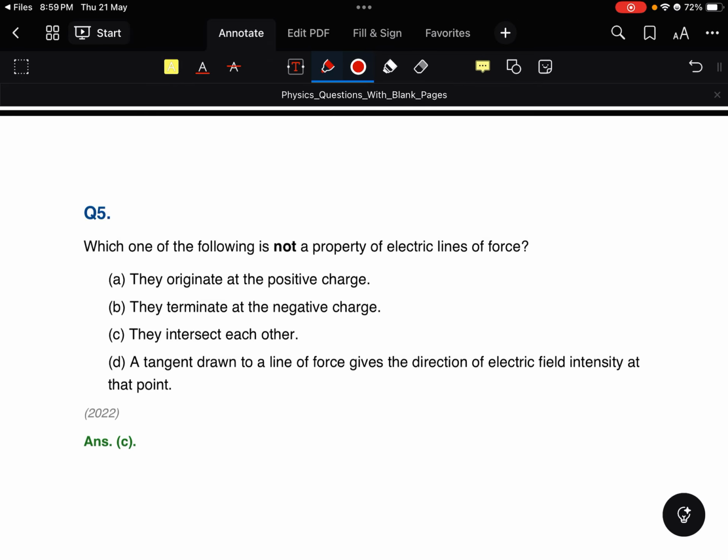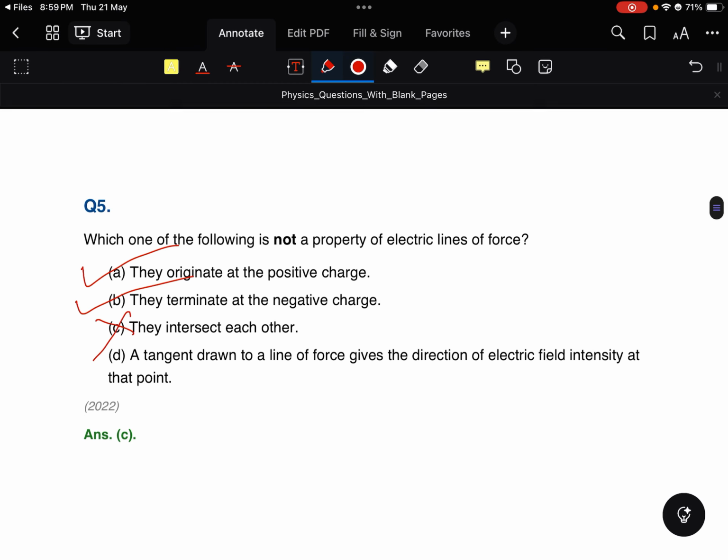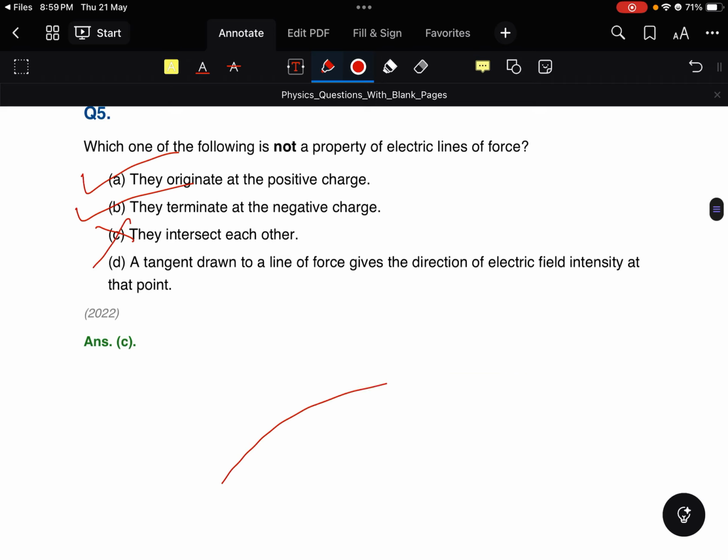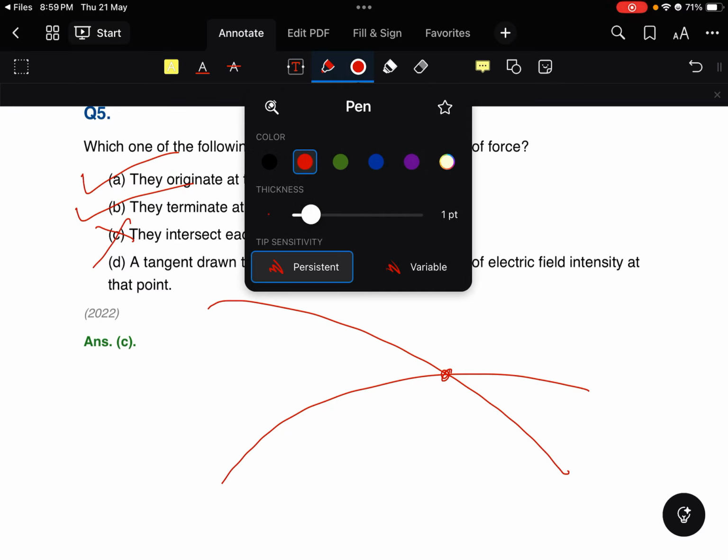Which one of the following is not a property of electric lines of force? They originate at the positive charge, this is a property. They terminate at the negative charge, that is also a property. They intersect each other, they cannot intersect. Lines of force do not intersect, because if they intersect, then at the point of intersection there will be two directions of electric field.